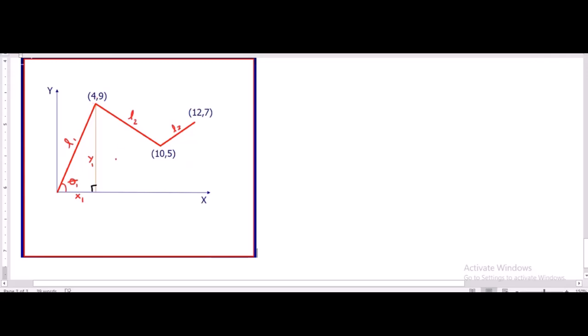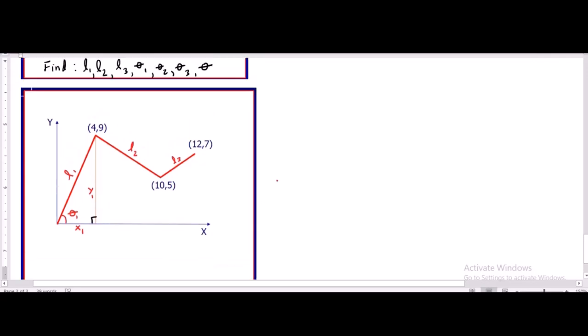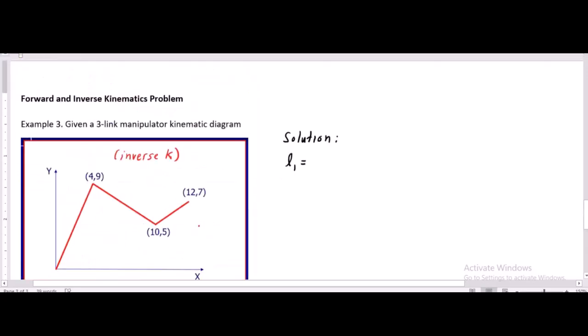Since we are looking for the L1 and theta 1, the formula for L1 will be the square root of x1 squared plus y1 squared. So substitute the value.